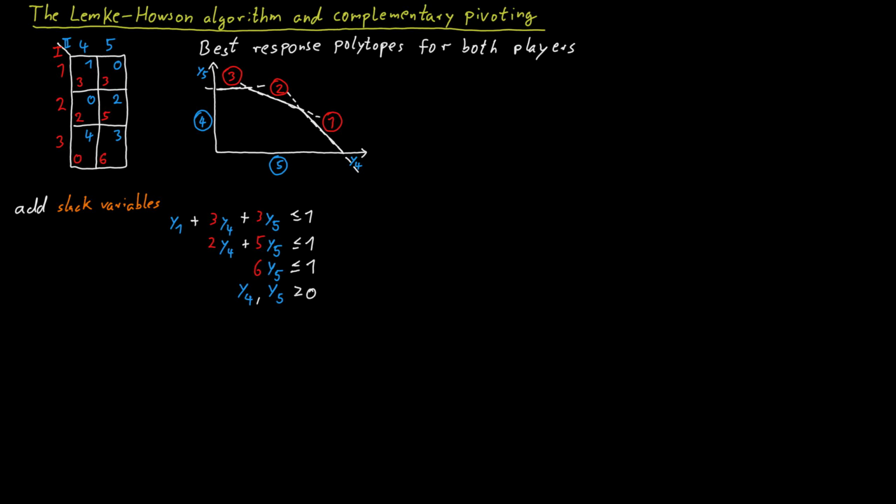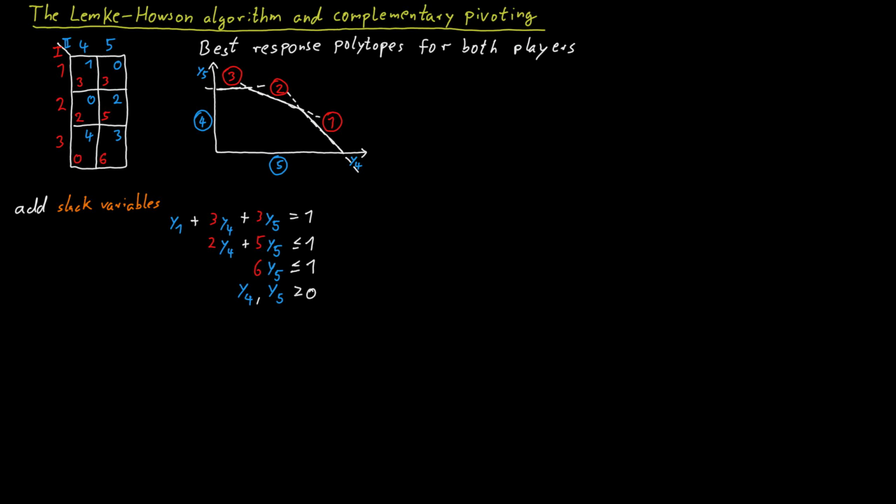And this variable y1 can be as large as we want, and so it can always make up the difference that the remaining term would have to the value 1. And so we can just now set this inequality to an equality. We can require that the left-hand side actually must be equal to 1.